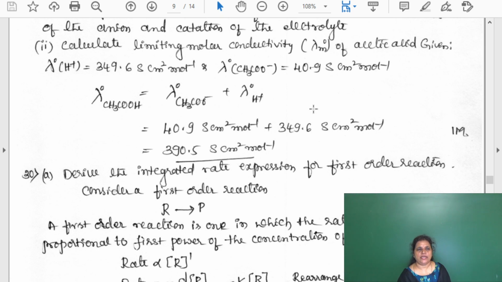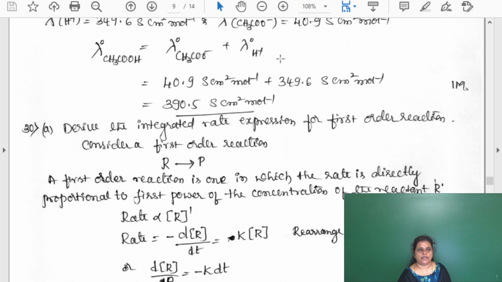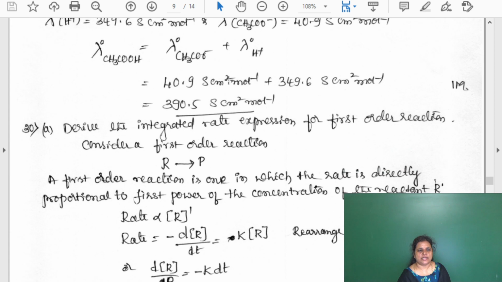As we have given the statement here, like that you need to take the sum of the molar limiting conductivity of anion and the cation. You have to write sum these, and what you get, 390.5, is the limiting molar conductivity of acetic acid.